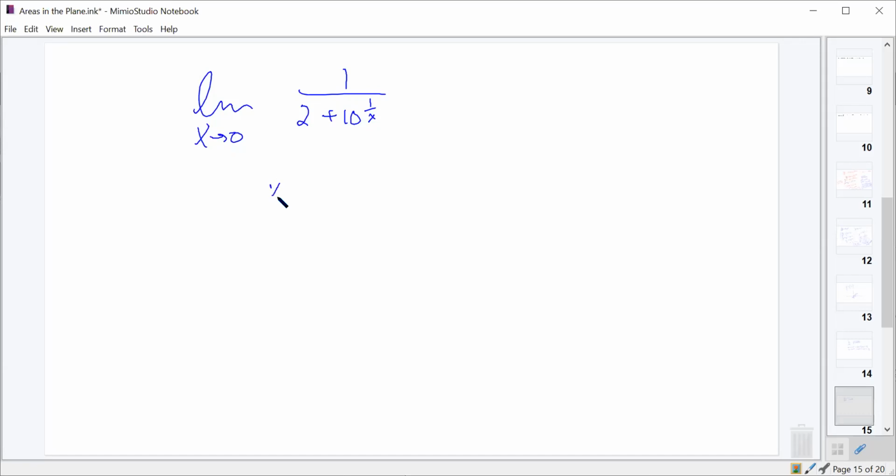So as x goes towards 0 from the right, 1 over x is positive infinity, and so y ends up being 0 because we've got 1 over 2 plus a very large number.